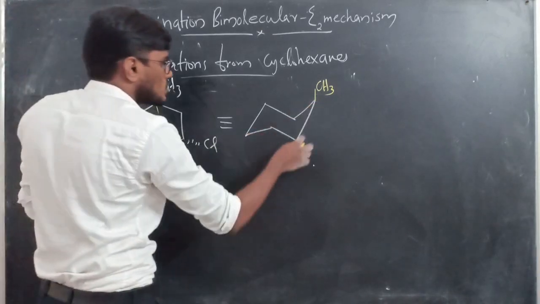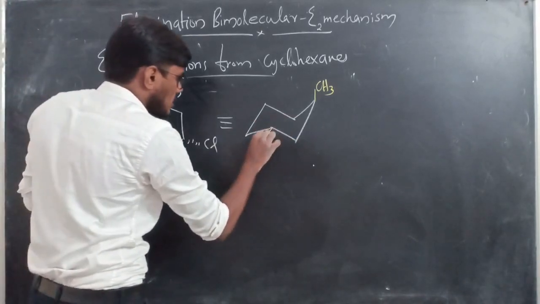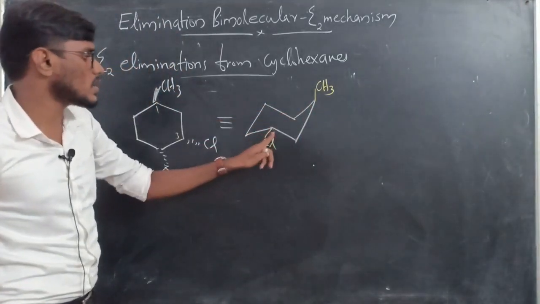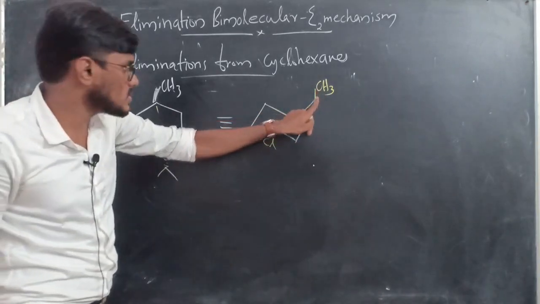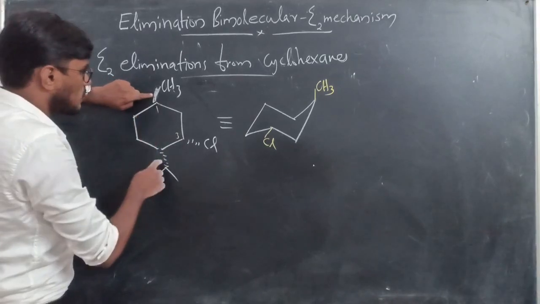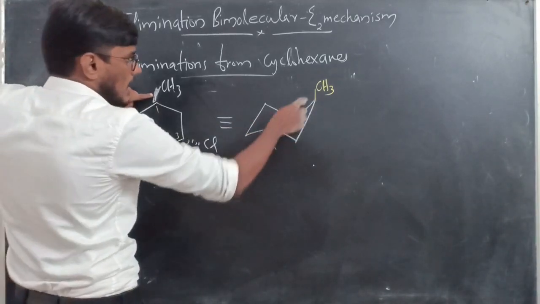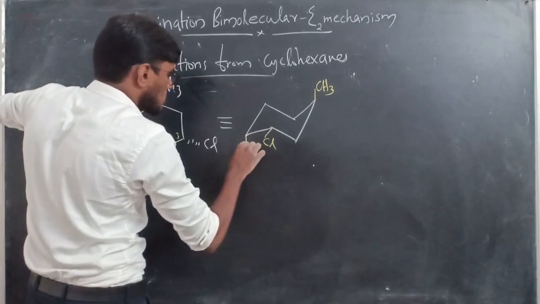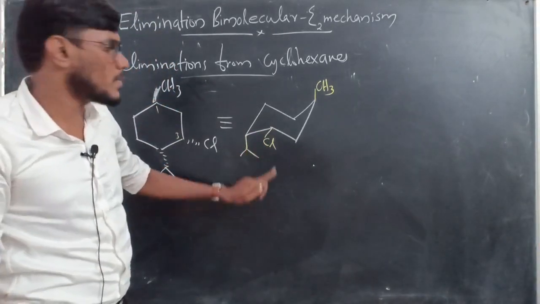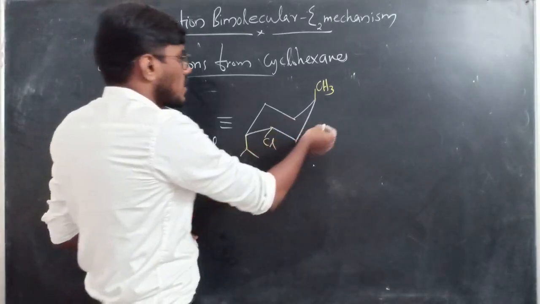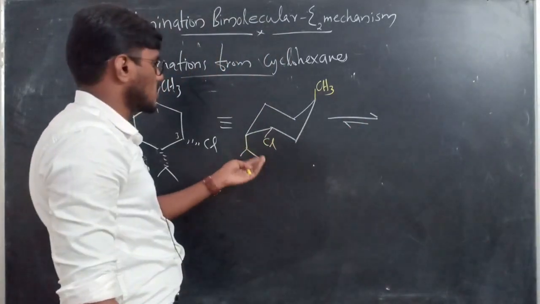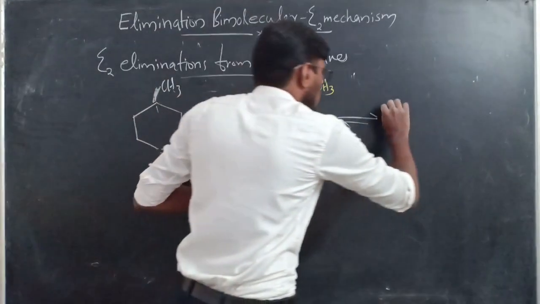This is the 1, 3 relationship in the chair form. We know that 1, 3 axial-equatorial is trans. So these are trans, and CH3 and the isopropyl group are trans to each other, and 1, 4 diaxial is trans. So this is the isopropyl group. We know that this is the less stable one, and this ring flips for a more stable conformation. That is, the ring flips like this.